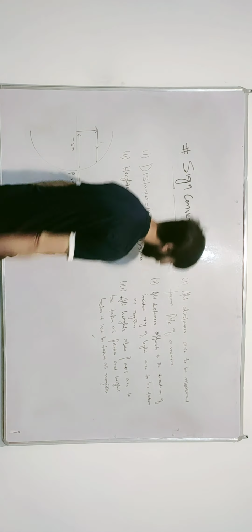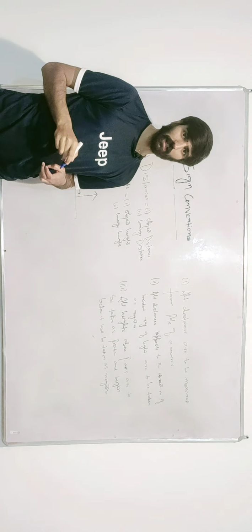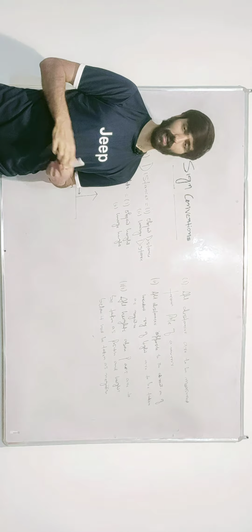All the heights above the principal axis will be taken as positive, and all the heights below the principal axis will be taken as negative.